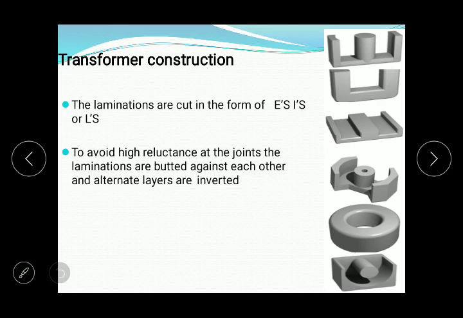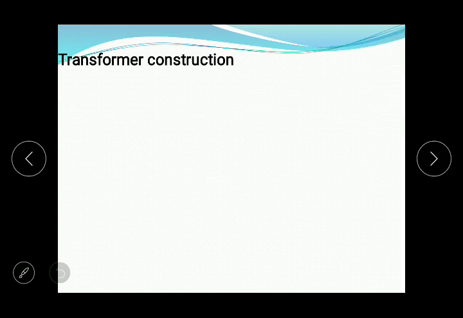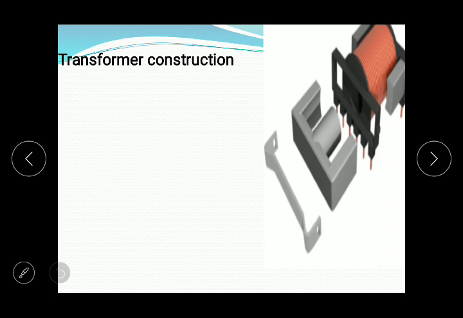To avoid high reluctance at the joints, the laminations are butted against each other and alternate layers are inverted. See how they are fixing this winding on the limbs.